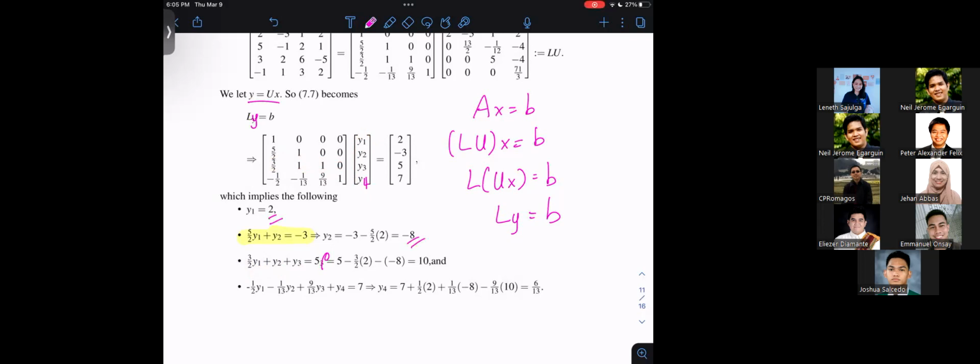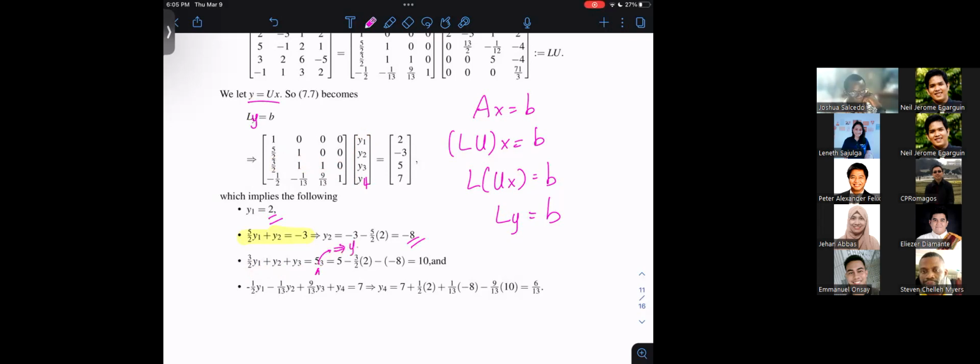And eventually, using simple algebra, you're gonna get the value of y3. I guess I knew what was the typo here. This should have implies y3 equals 10. Okay. And then again, you can continue the process, and then you'll get y4 equals 6 over 13.